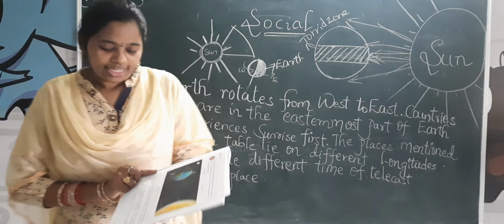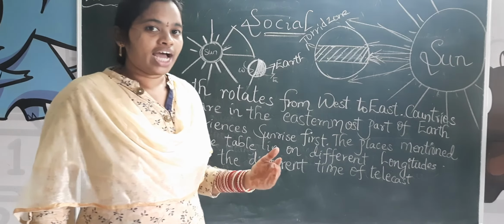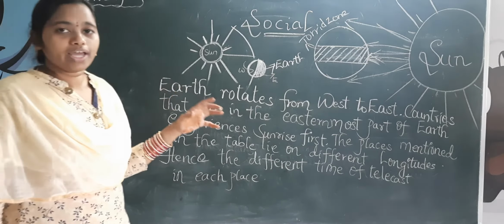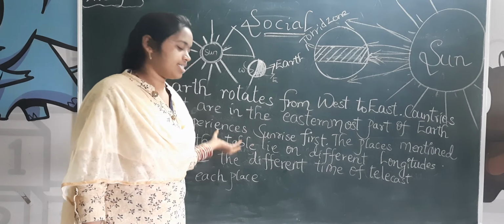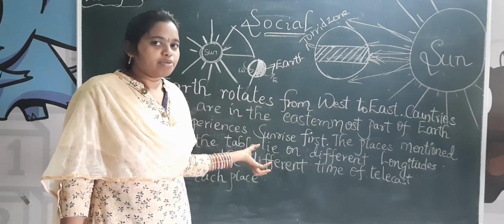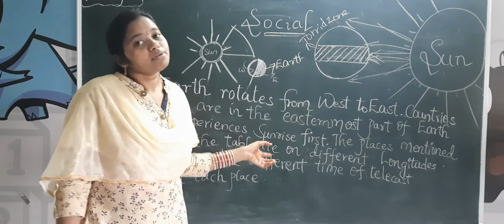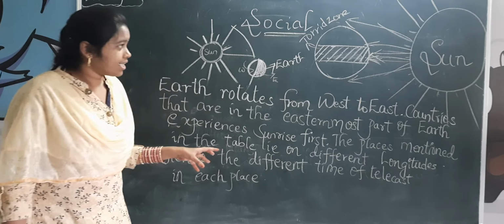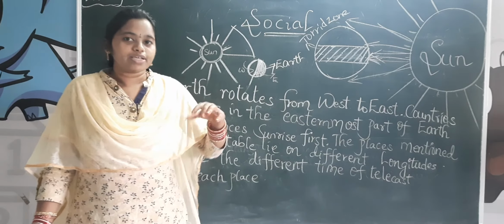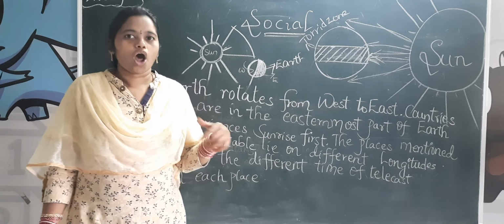Children, in the next class, I will explain the regions. Until then, read the spellings, complete this activity and send it to me through WhatsApp, along with the questions app. Try to understand the different timings of places all over the world.